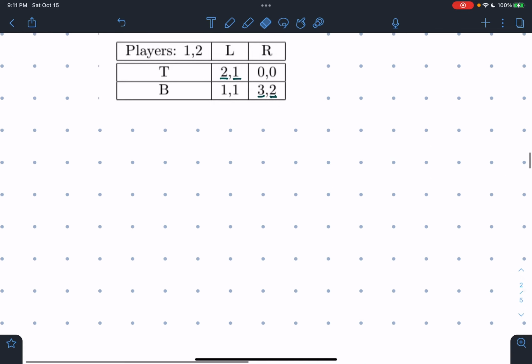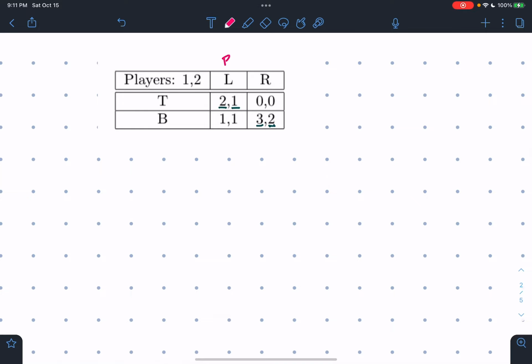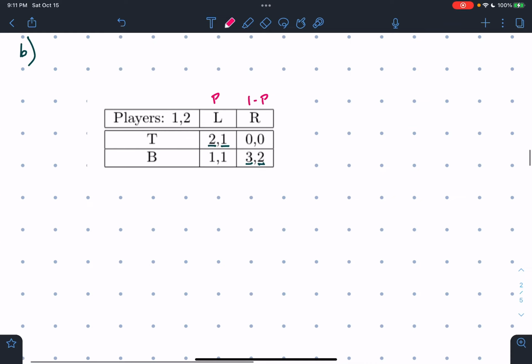Sorry about that. What we want to do is find the mixed strategy equilibria for this game. I'm going to assume that player 2 is playing L with probability P, and R with probability 1 minus P. I'll use this color for player 1.